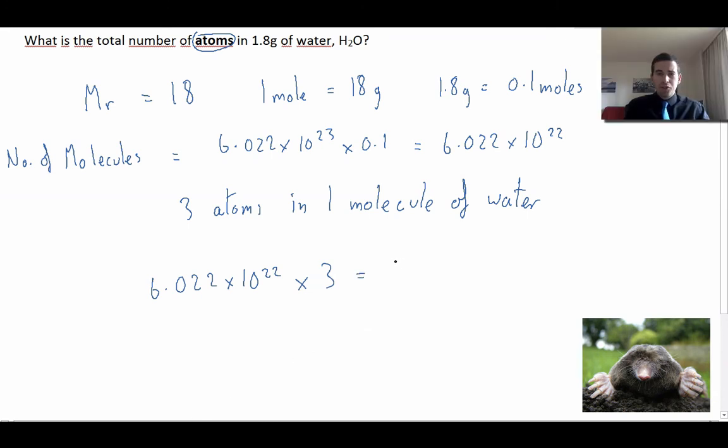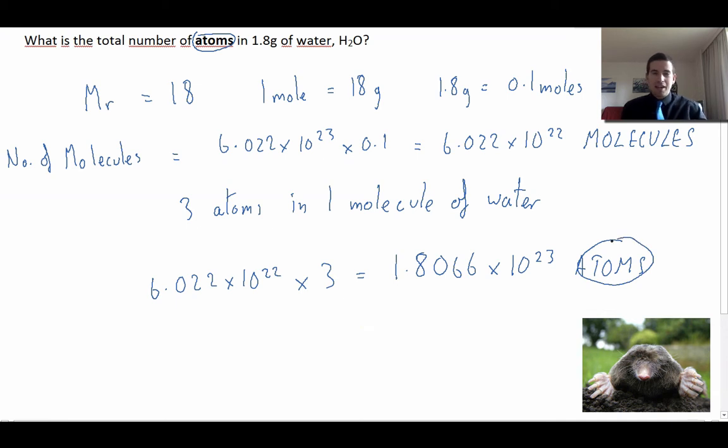If you pop that into your calculator, it comes out at 1.8066 times 10 to the 23 atoms. Up here we worked out the number of molecules, but the question asked for atoms. So be careful you don't miss out this last step.